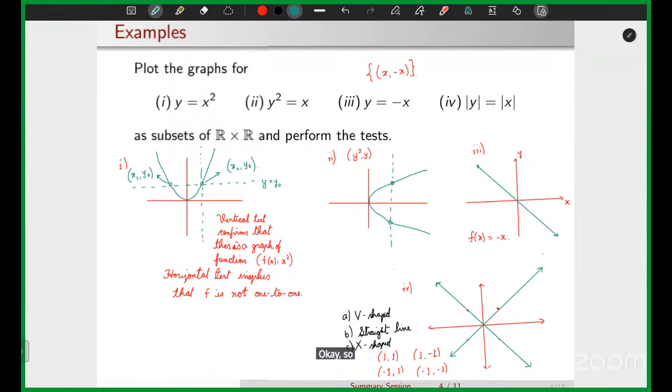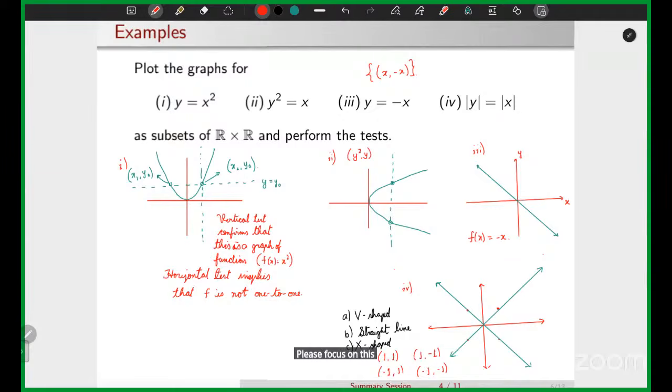Okay, so this is the graph of the relation, it's not a function. So is it clear why it's not a function? Yes. Here, everywhere the vertical test fails, except at the origin, at x equal to 0. And it is also not 1-1 in nature because the horizontal test also fails. So to understand what it means to draw the graph of a relation, please focus on this.